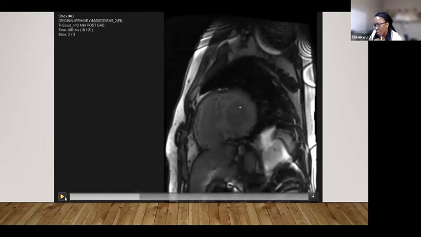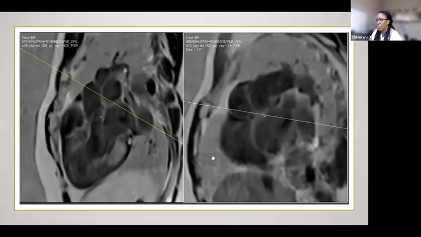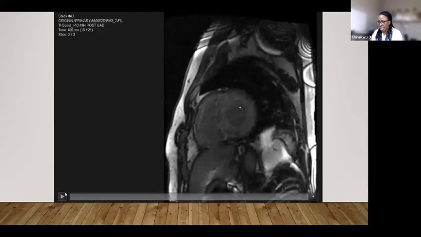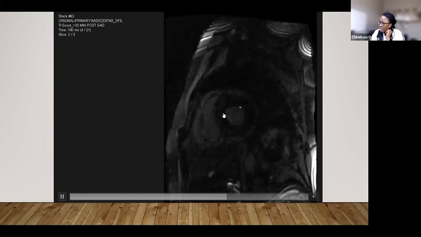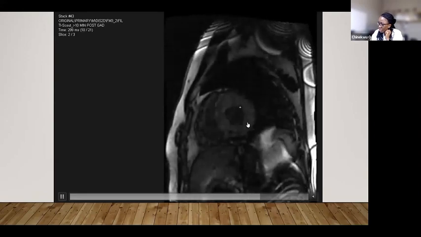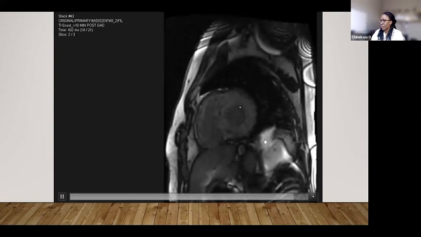If we follow, we can see that the myocardium turns black before the blood pool, simply because there's actually a lot of amyloid. We would go on to diagnose cardiac amyloidosis in this patient. You can see the myocardium turns black before the blood pool. So we null the myocardium before the blood pool.